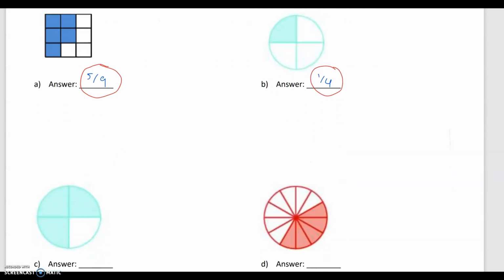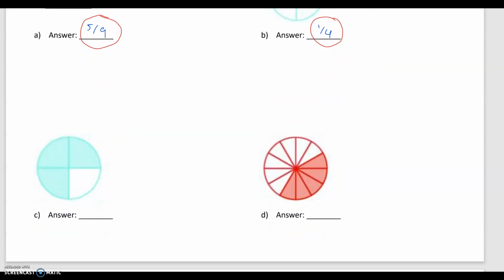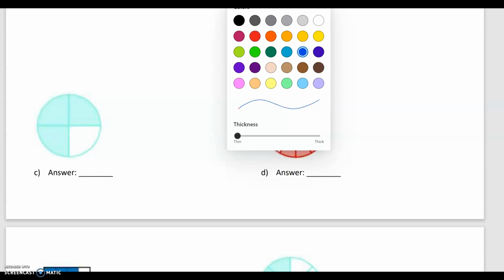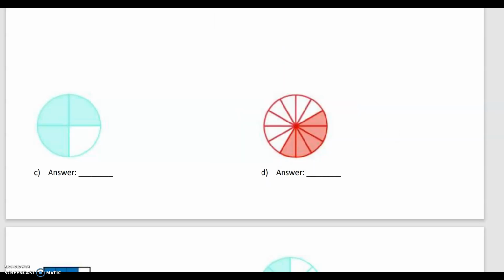Let's take a look at problem C. In problem C, it's also cut into 4 pieces, but you only have 3 shaded, so this will be 3/4. Let me count the pieces for D. So I'm counting 1, 2, 3, 4, 5, 6, 7, 8, 9, 10, 11, 12.